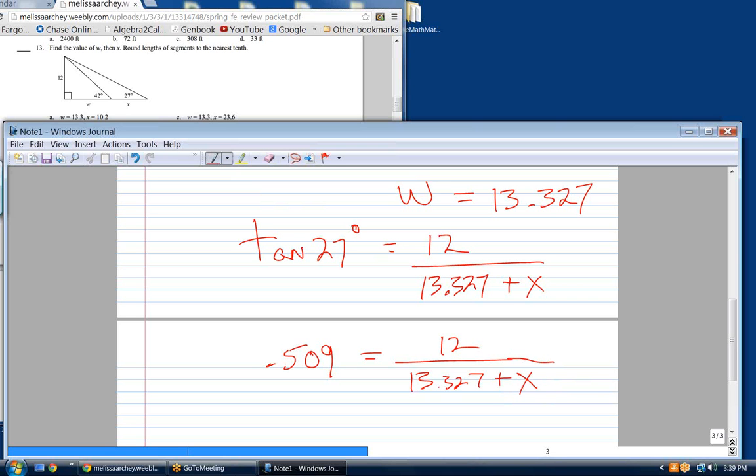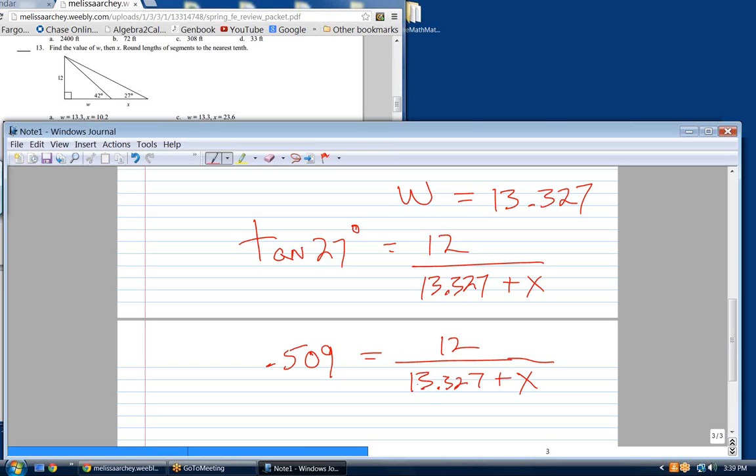So subtract 13.327? No, we're going to multiply both sides by the denominator, just like we did last time. When we solved this first problem for w, we had the tangent of 42 is 12 over w. We multiplied both sides by that denominator in order to get rid of it.